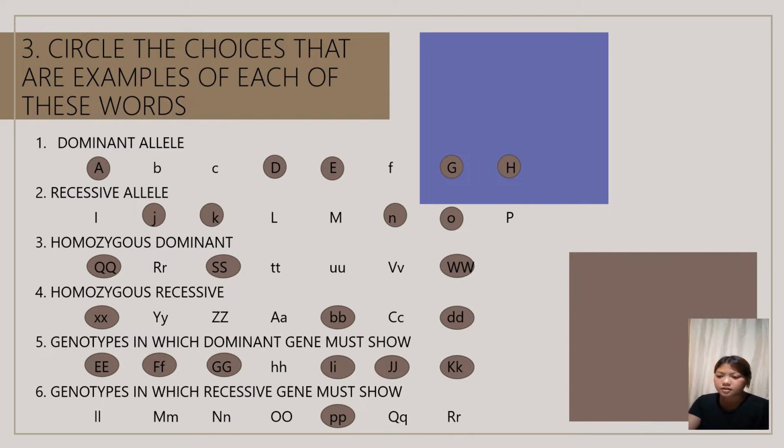Number 3. Circle the choices that are examples of each of these words. Number 1, dominant allele.